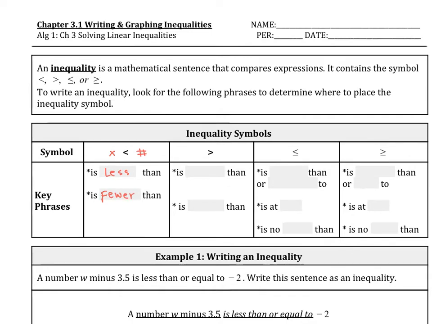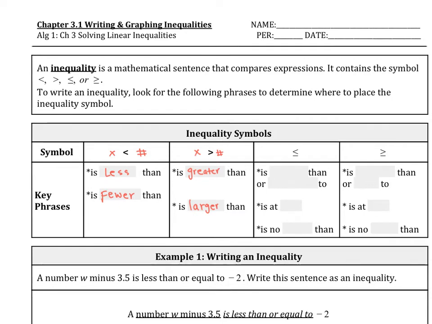So let's say x is fewer than 2, x is less than 2. For the next one, this symbol is greater than. And if x is here, it means that x is greater than a number or larger than a number.